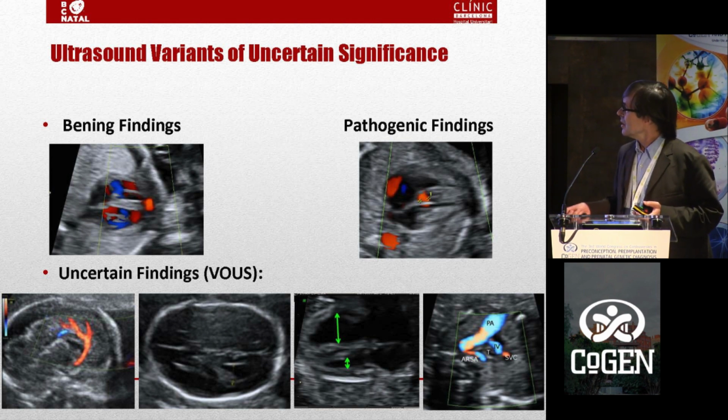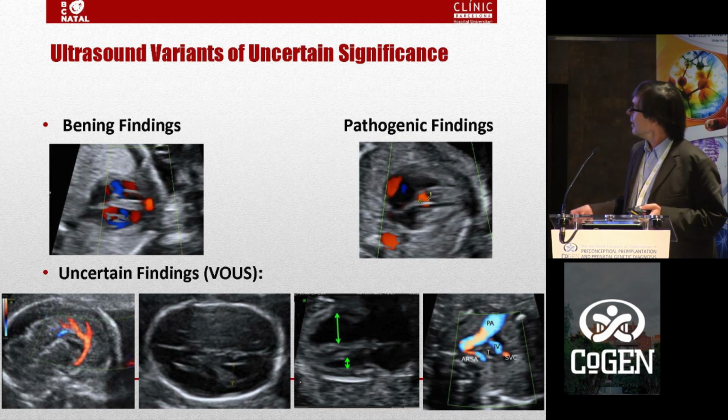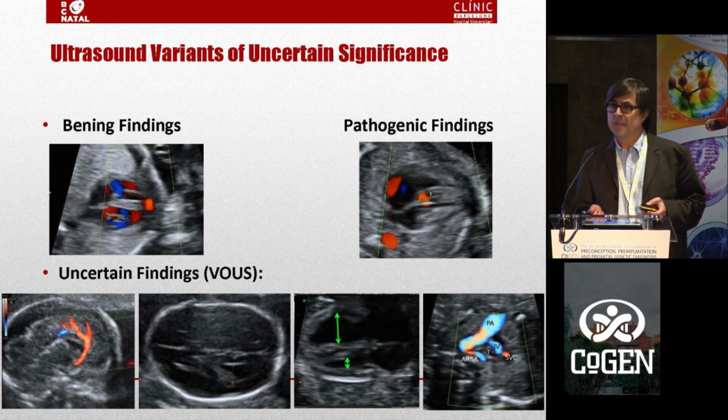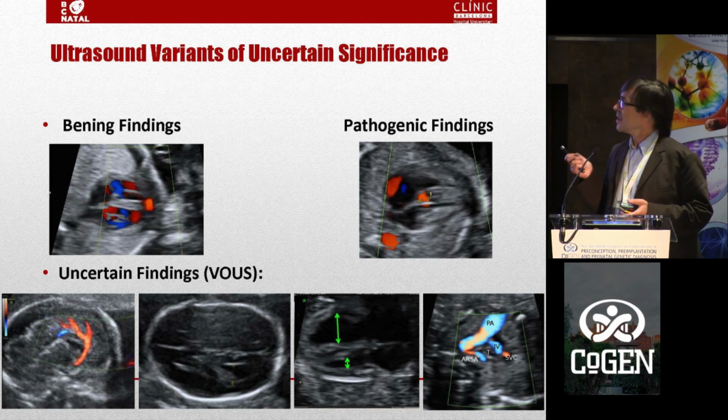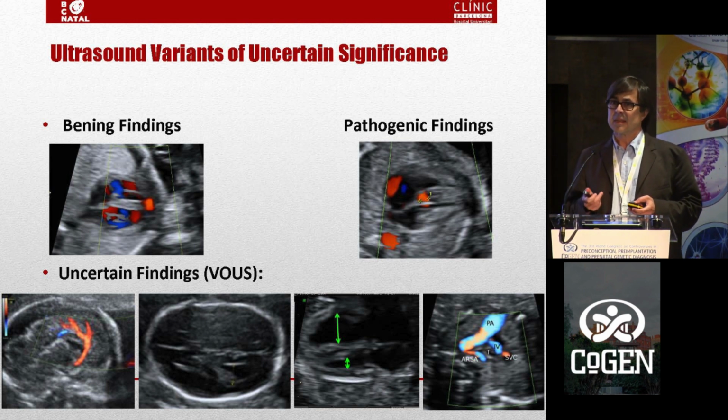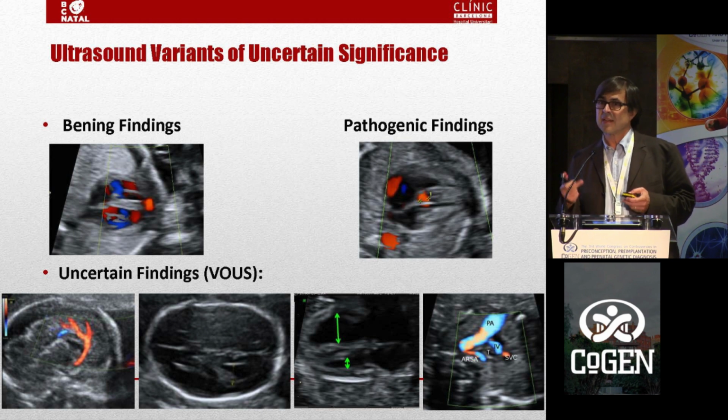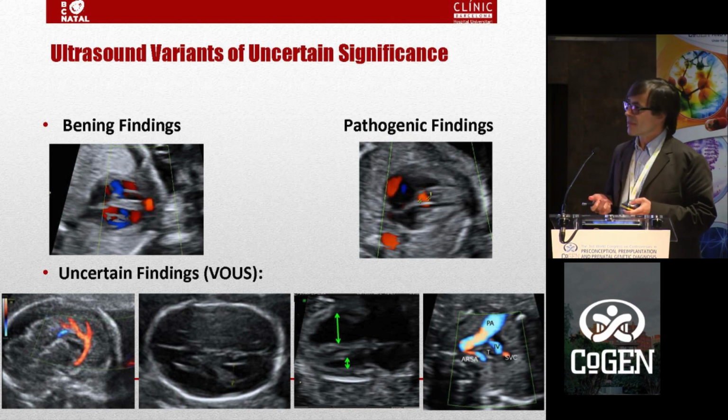For example, agenesis of the corpus callosum, mild ventriculomegaly, a dominant right heart, an ARSA, aberrant right subclavian artery. We are dealing every day with uncertain findings, uncertain significant findings in ultrasound diagnosis.